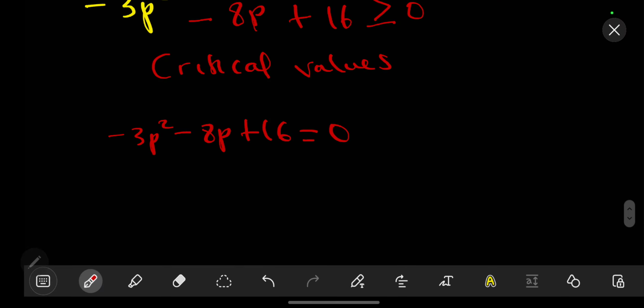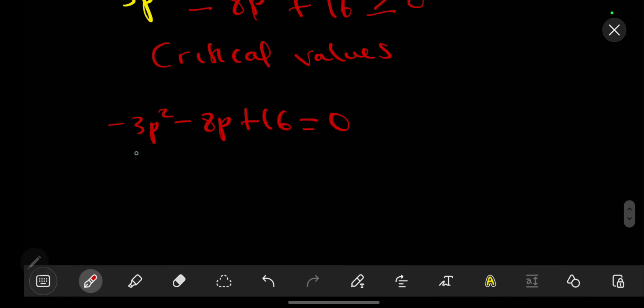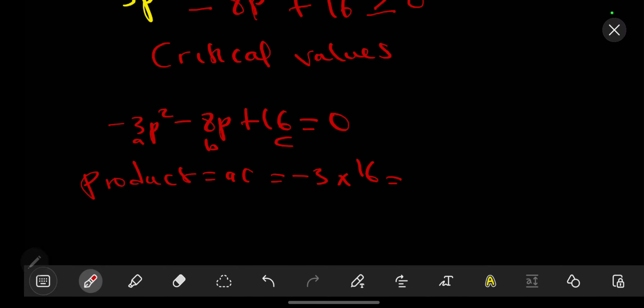This is a quadratic equation, so our product should be equal to AC. Our A is negative 3, this is our B, and this is our C, which is 16. So negative 3 times 16 will give us negative 48. Then our sum is the coefficient of B, which is negative 8.